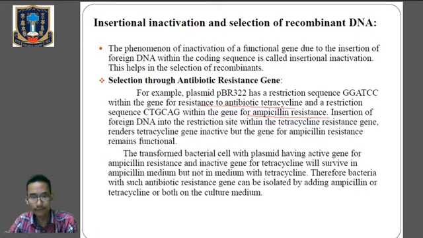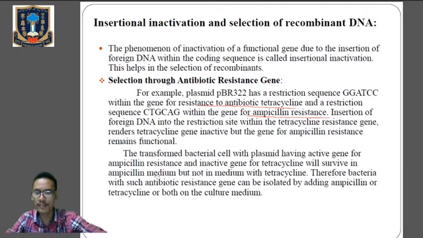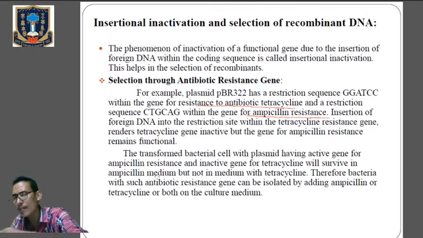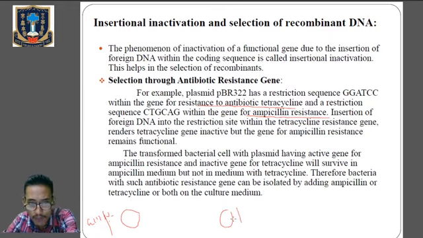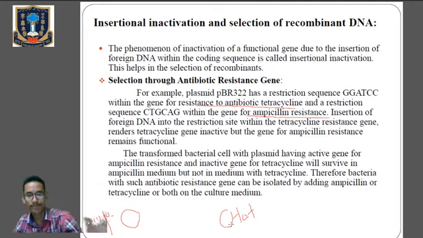To identify the transformed and non-transformed bacterial cells, we will take two culture plates. In the first culture plate we'll put the antibiotic ampicillin, and in the second culture plate we'll put tetracycline.